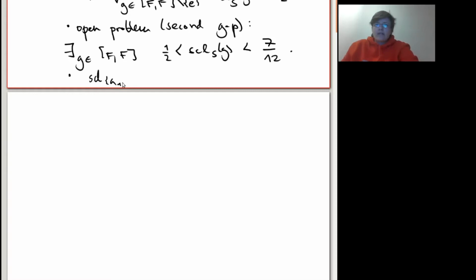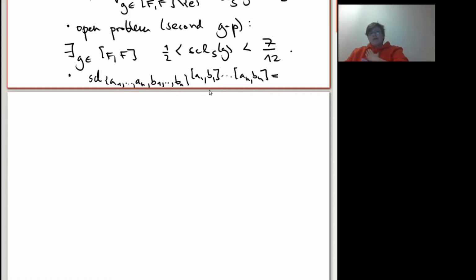So the stable commutator length of the thing that you would get for the surface relator, so you want to compute the stable commutator length of this product of n commutators that all involve different generators, and it turns out that this is n minus 1/2. Okay, so that's a computation. I mean, it's not obvious, but this can be shown.